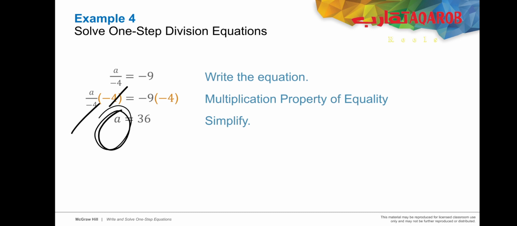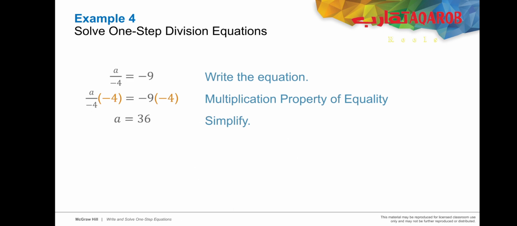Now the other side, the right side, is multiplying negative 9 times negative 4. 9 times 4 is 36, and negative times negative: two negative signs kill each other, so the answer is positive. So a is equal to 36 here.